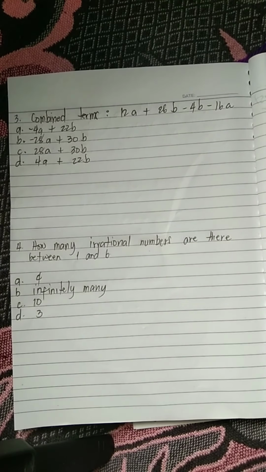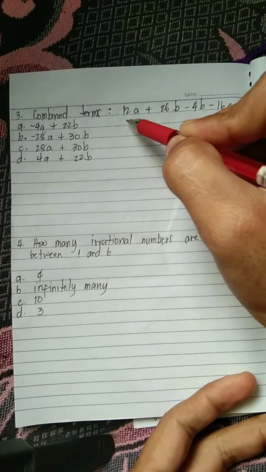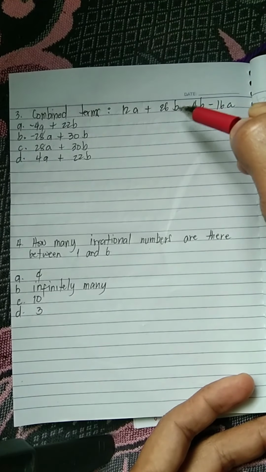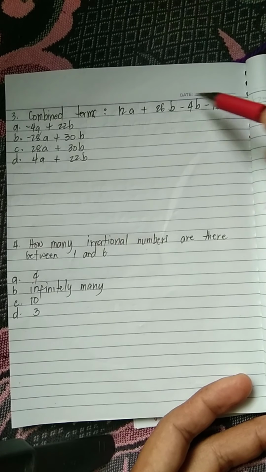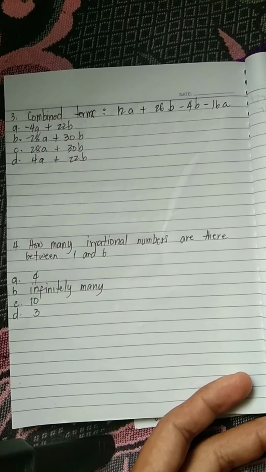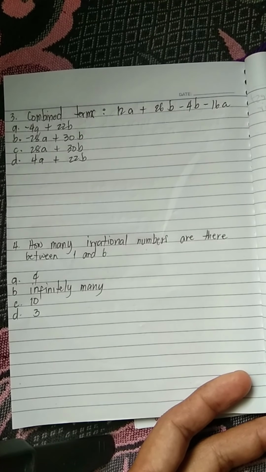Okay. So this is the first term. We have the first term here, 12a. Second term is 26b. And then the third term is 4b and then 16a. All we need to do in combining terms is combine those with the same term.